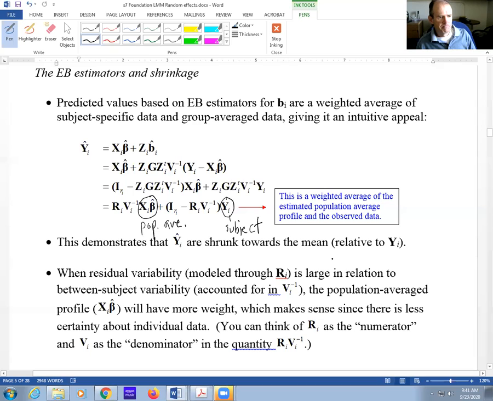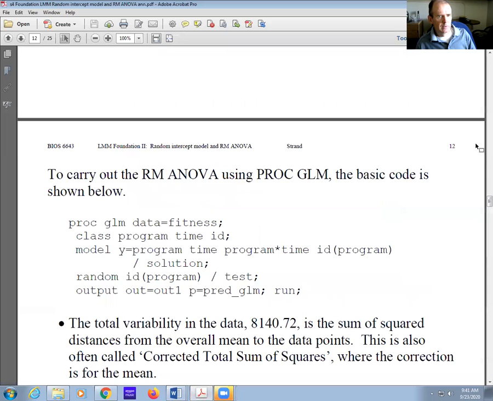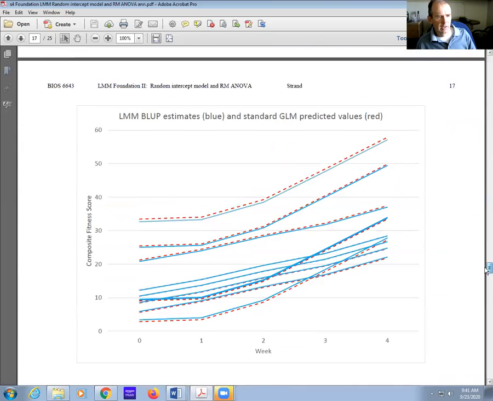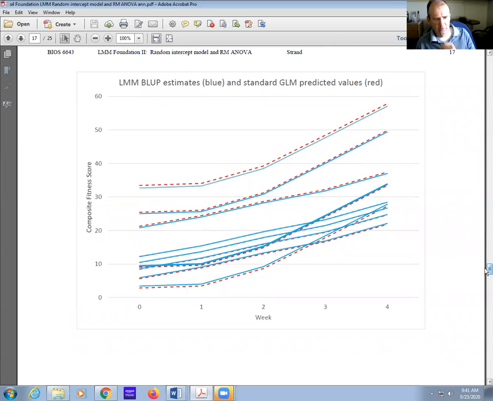So just to show you really quickly, with the fitness data we already talked about, I showed you this graph. These are predicted values for the fitness data. And if you recall, subjects were in a fitness program and they got more fit as the weeks went on.